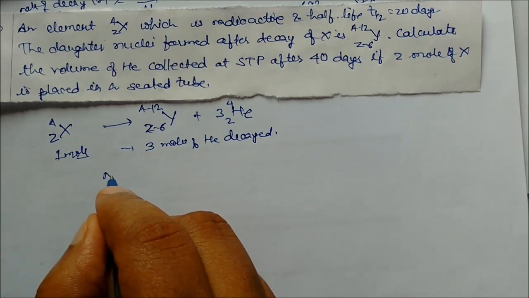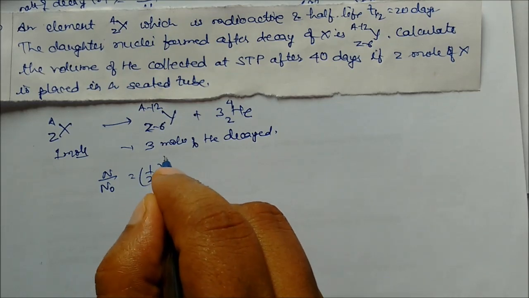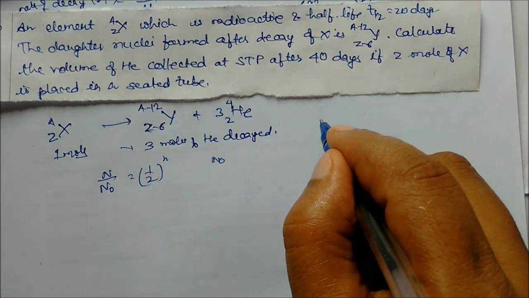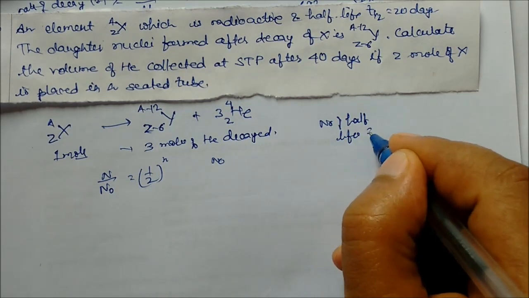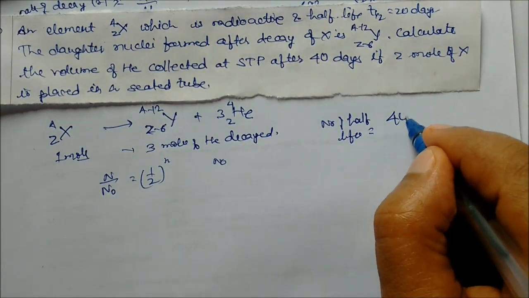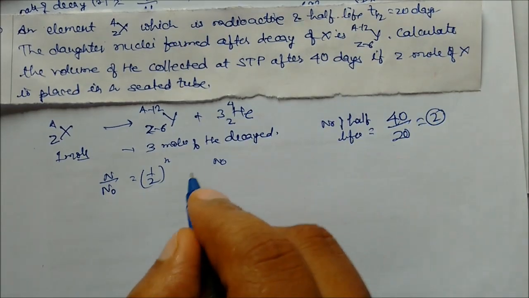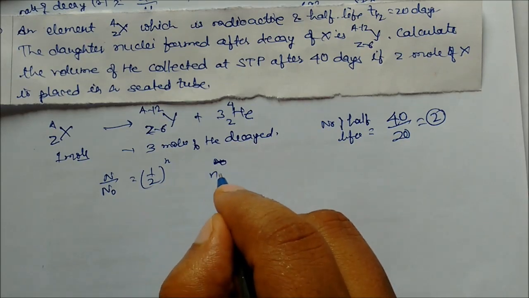We can find it using the formula N equal to N naught into 1 by 2 to the power n, where n is the number of half-lives. The number of half-lives is the total time, 40 days, divided by the half-life, 20 days. So we get the number of half-lives as 2.